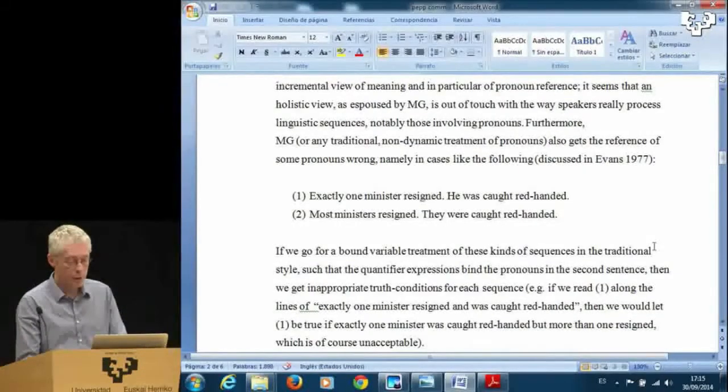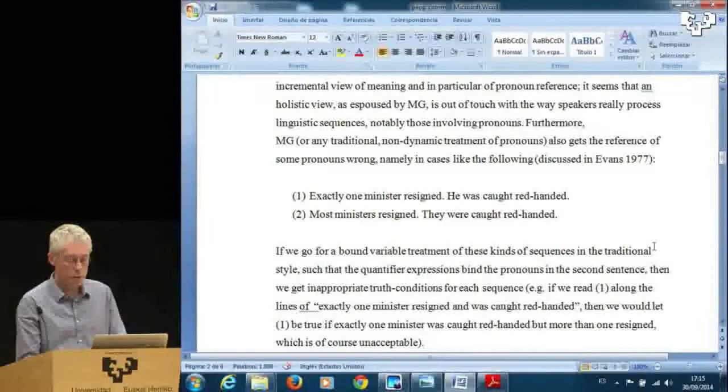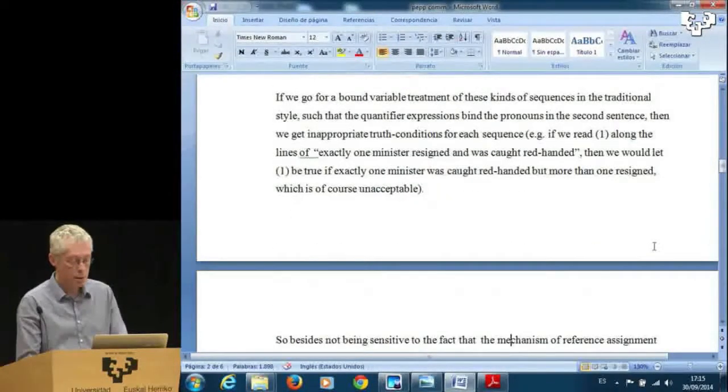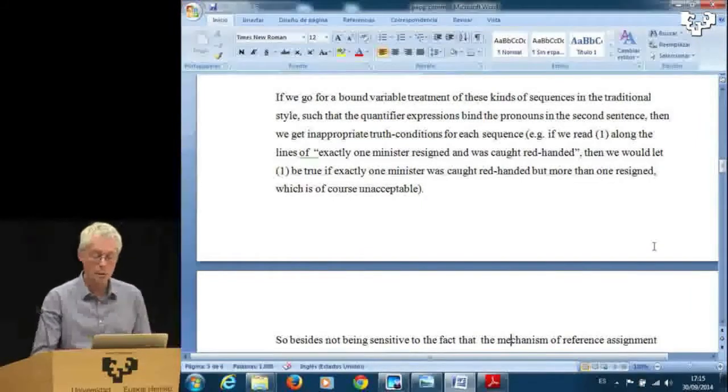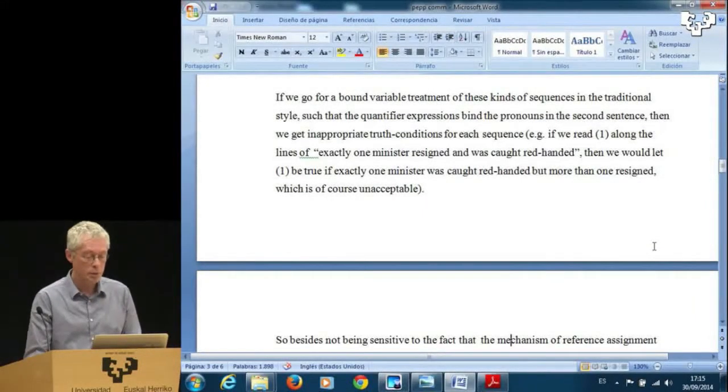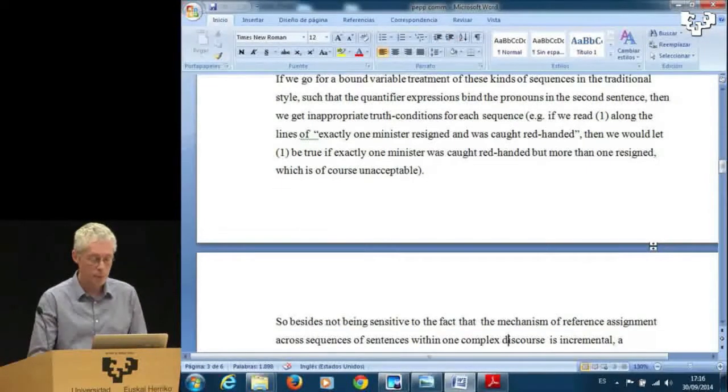If we go for a bound variable treatment of these kinds of sequences in the traditional style, such that the quantifier expressions bind the pronouns in the second sentence, then we get inappropriate truth conditions for each sequence. For instance, if we read 1 along the lines of exactly one minister resigned and was caught red-handed, then we would let 1 be true if exactly one minister was caught red-handed but more than one resigned, which is of course unacceptable.